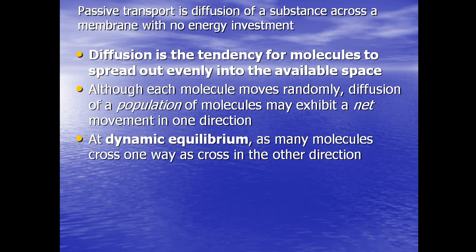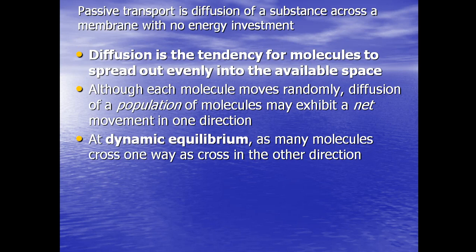Although each molecule may move randomly, the net movement will be in one direction, that is from the region of higher concentration to the region of lower concentration, till the dynamic equilibrium is attained. Till then, this will continue.